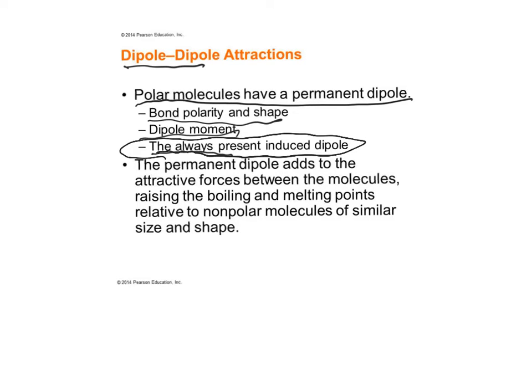I'll try to draw a picture to demonstrate what I mean by that. So let's say here's a molecule that has a partial positive charge and a partial negative charge, and it's got a permanent dipole.